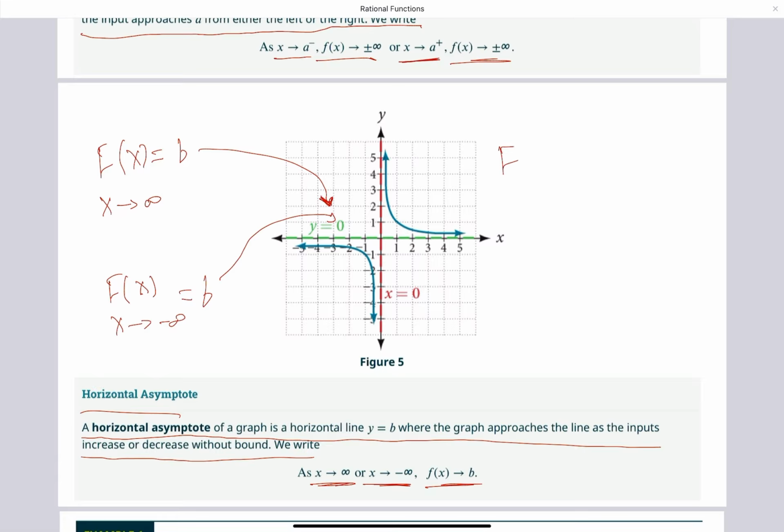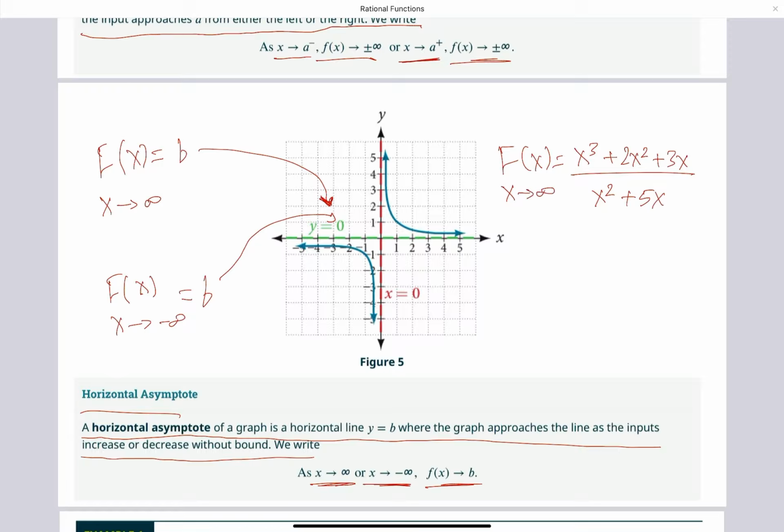Let's say f of x equals x cubed plus 2x squared plus 3x divided by, let's say, x squared plus 5x, and x approaches infinity.